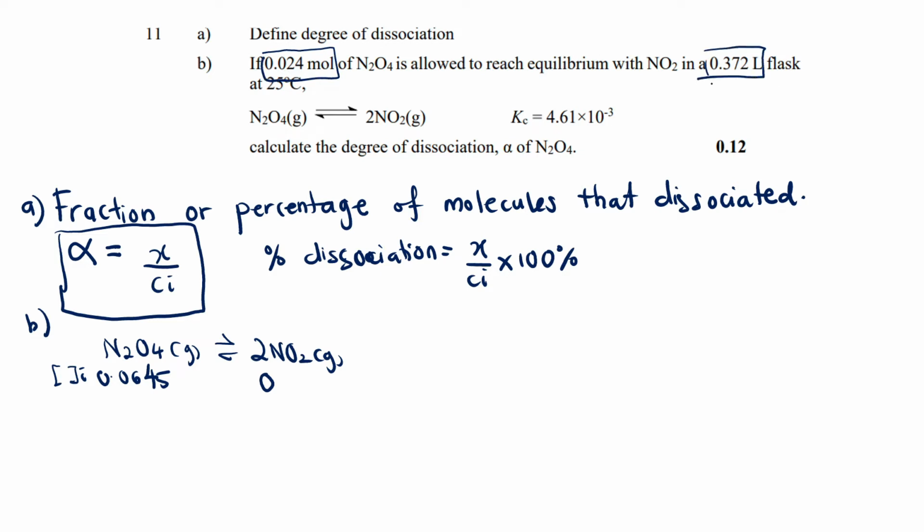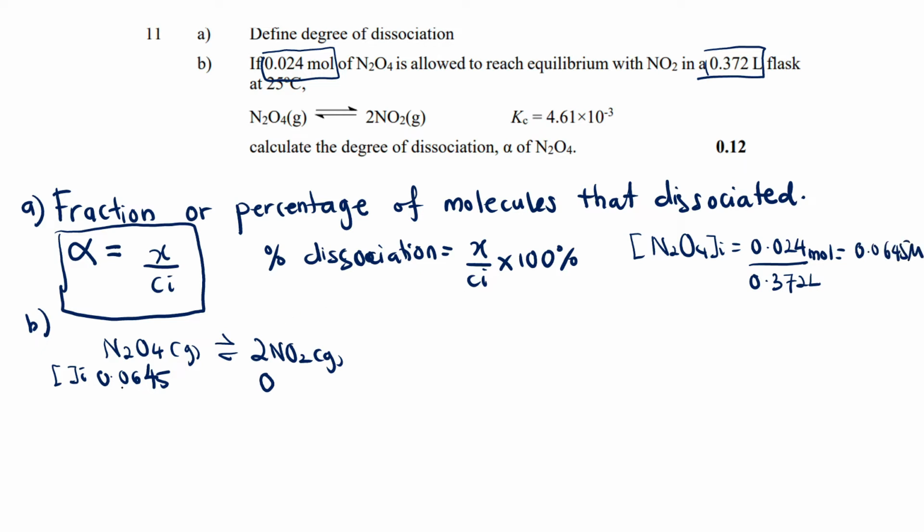0.372 liter flask. So kita boleh cari dia punya initial concentration for N2O4, which is equal to 0.024 mole over 0.372 liter. So dia punya concentration here is 0.0645 molar.